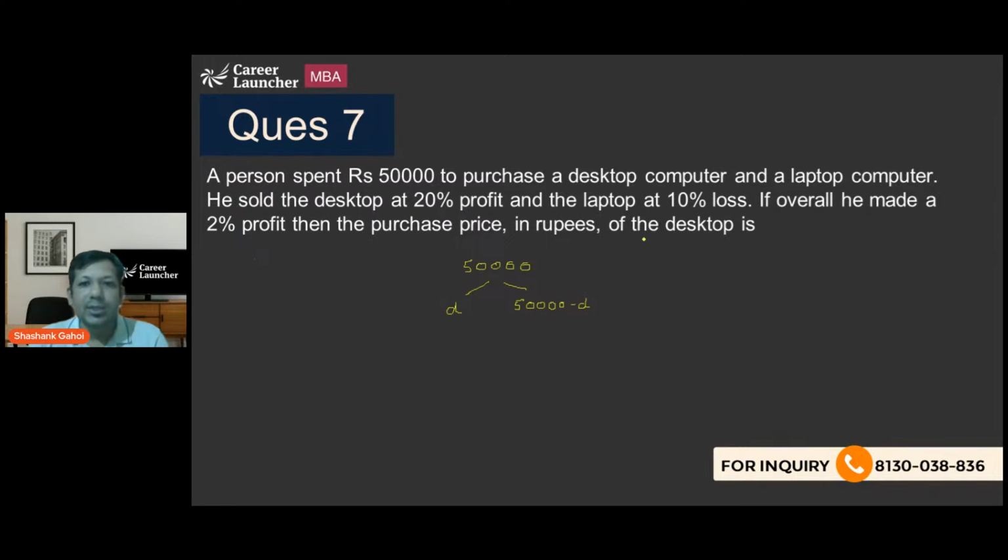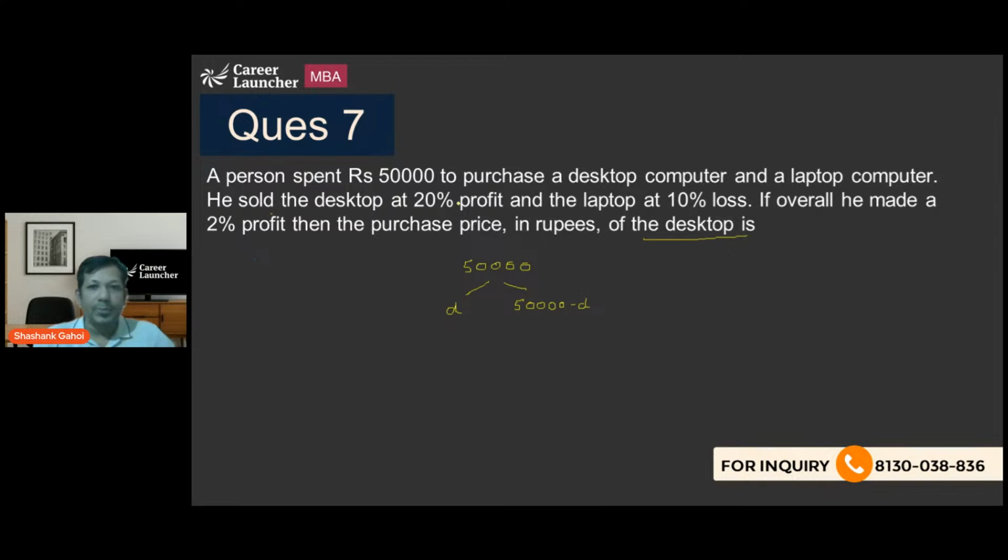It is talking about the cost of the desktop, so I have assumed the cost of the desktop is D. If the question were asking for the cost of the laptop, I would have assumed the cost of the laptop is L, and the cost of the desktop would be 50,000 minus L. Those are the things you need to figure out.